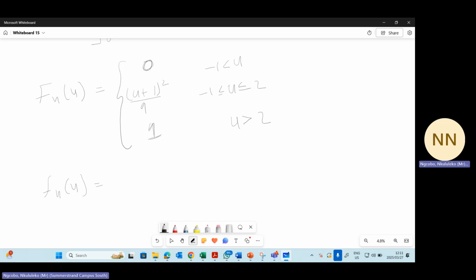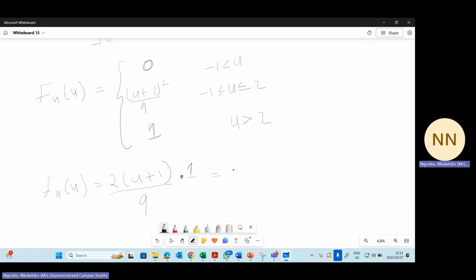So f of u becomes what? The derivative of 0 is 0. The derivative of 1 is 0. But the derivative of this is 2 times (u plus 1) divided by 9, multiplied by the derivative of the inner function u plus 1, which is just 1.